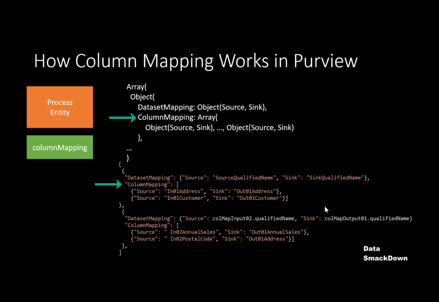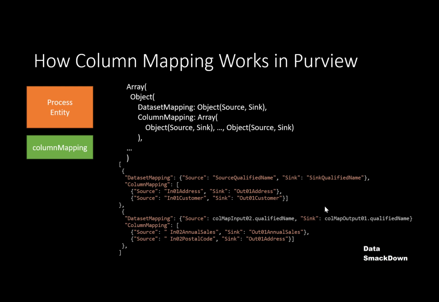The dataset mapping is the easiest one. It is strictly just talking about another object. The value of the dataset mapping key is another object in which you have a source key and a sink key. And those sources and sinks are the qualified name of the input and output dataset that you are using in your lineage.